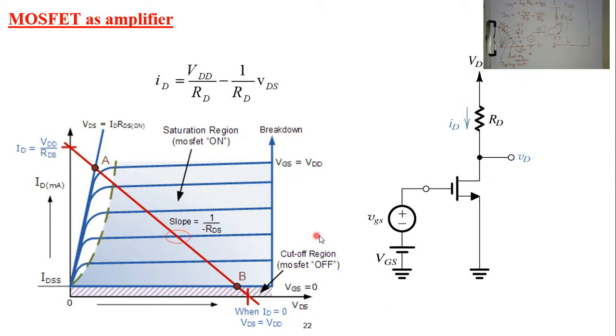Now, when you insert this AC voltage, which let's assume again is 0.5 sine omega t, this will mean that your VGS will fluctuate between 1.5 and 2.5, if you remember the example.